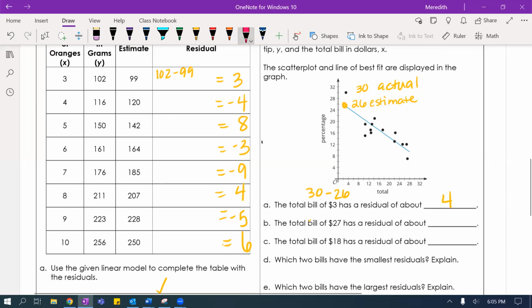Now we're going to do the same thing for $27. So at $27, here's our actual, which is at 6. And then our estimated here would be at 10. So we're going to do 6 minus 10, which is -4. And that's our residual. And one more time here with 18. So let's go to 18.